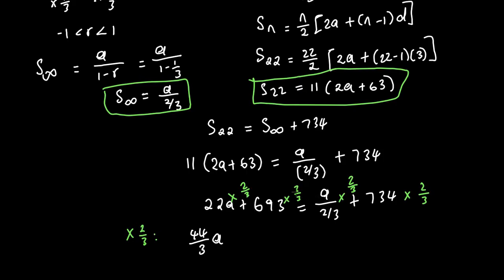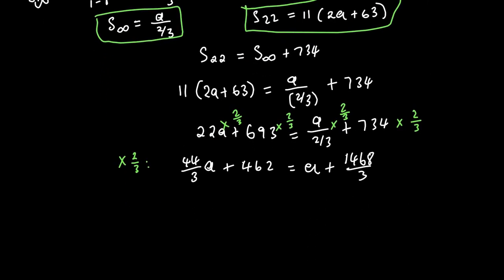And then 693 times 2 over 3, what do you get? You get 462, and then here this will cancel that, so we are just left with a. And then what will be 734 times 2 over 3? 1468 over 3.